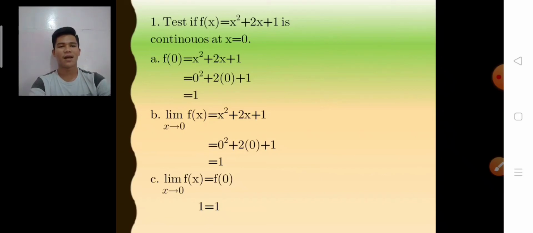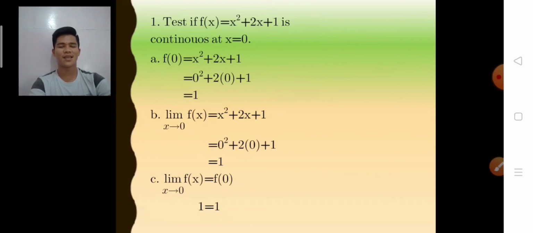Let's plug in the value of x. f of 0 is equal to 0 squared plus 2 times 0 plus 1, which is 0 plus 0 plus 1, which is 1. Our first condition is satisfied.